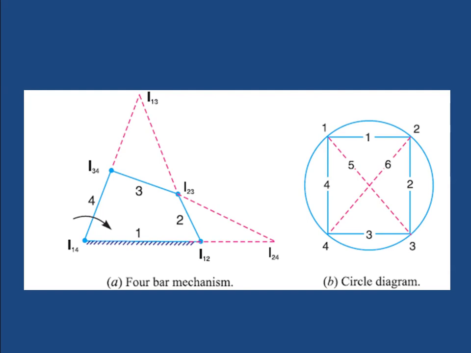Now I have to join this diagonal 1, 3. So how will I get the 1, 3 combination?